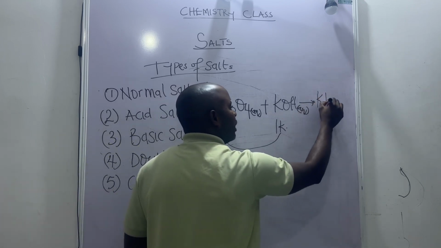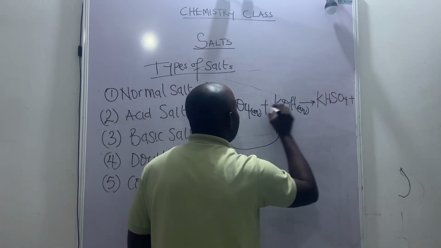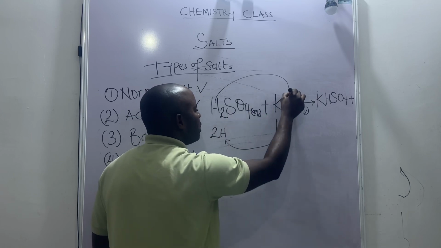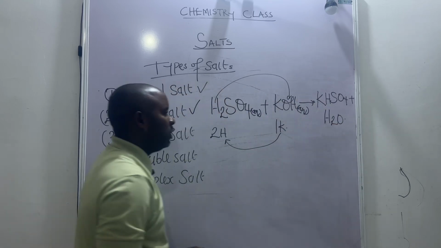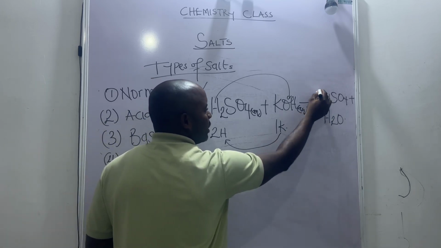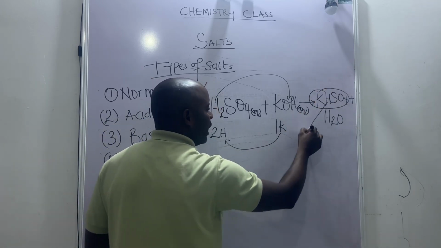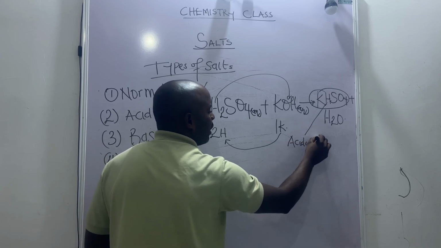So we are left with KHSO4 plus water, H2O, because the other hydrogen is attached to the hydroxide to form water. The presence of this hydrogen in this compound gives it acidic characteristics.